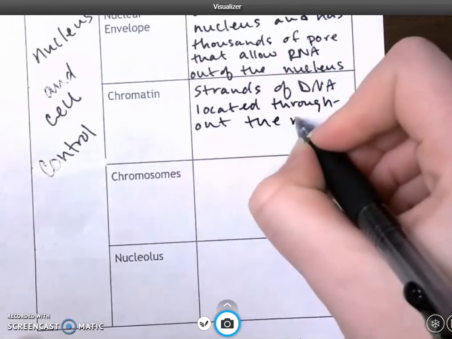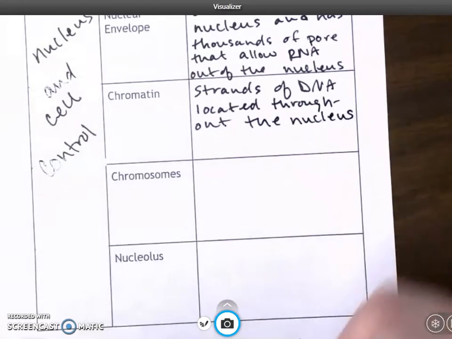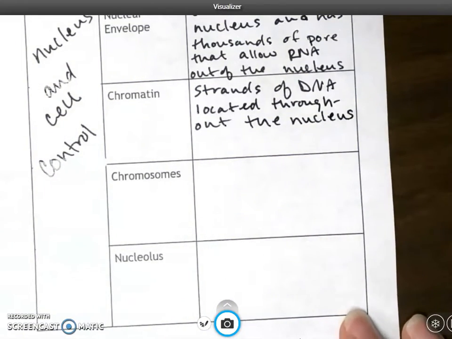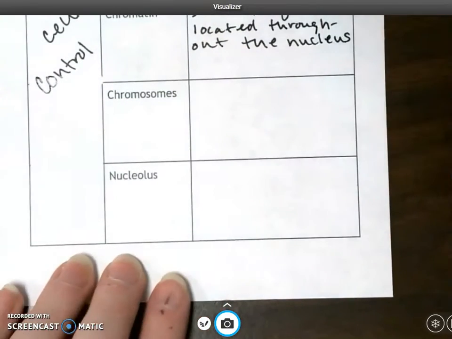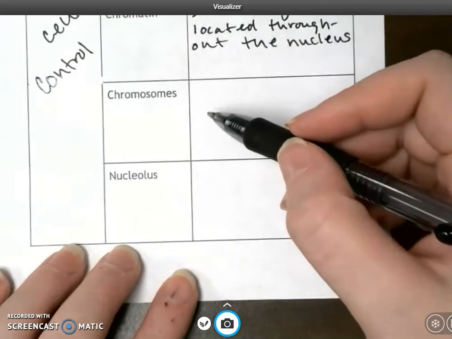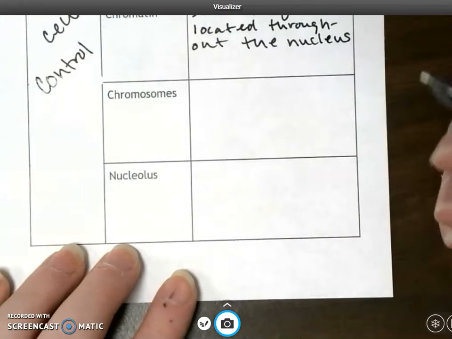So that is the genetic material that makes me different from you. Moving on to chromosomes. These form when the cell is about to divide or split.